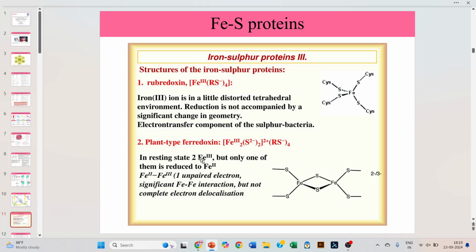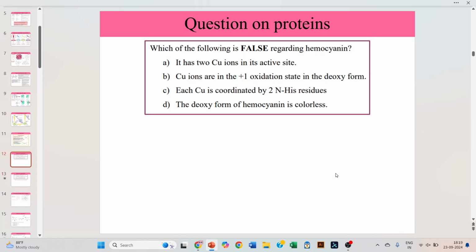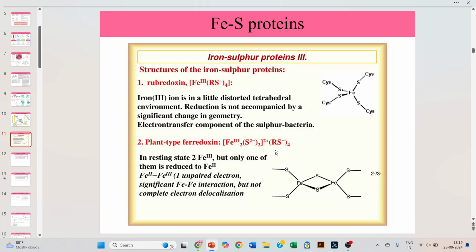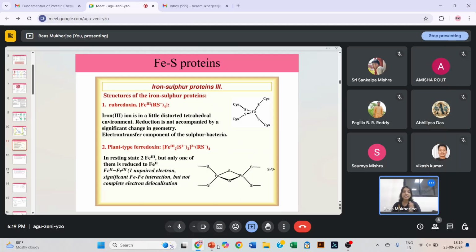So this is the structure of plant ferredoxin. You can actually read about the structure of bacterial ferredoxin if you're interested. Okay. All right. Oh, acha. So these purple sulfur and green sulfur bacteria are actually chemoautotrophs. So that means they are very primitive life forms, and you can read about them.